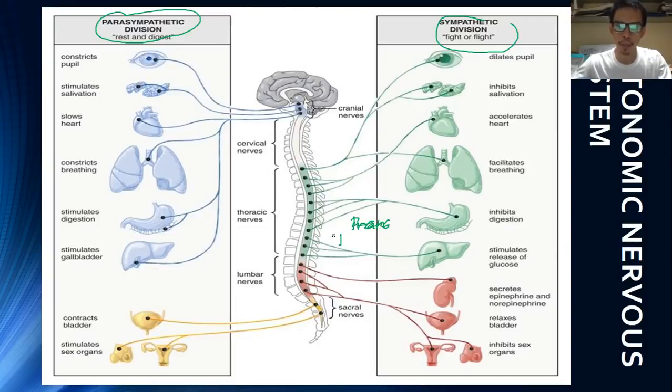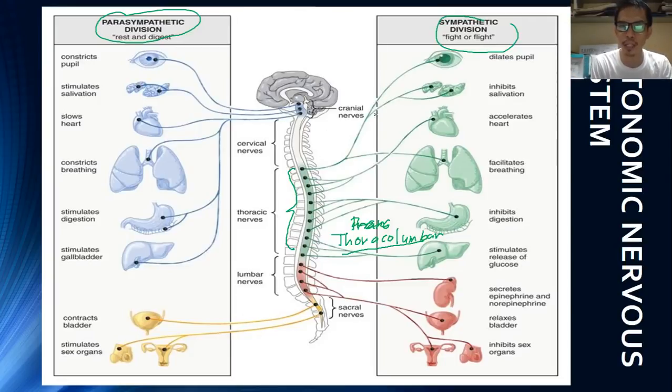Alright, so this is the thoracolumbar part of your spinal cord. As you can see, this particular part is located in the thoracolumbar region of your spinal cord.